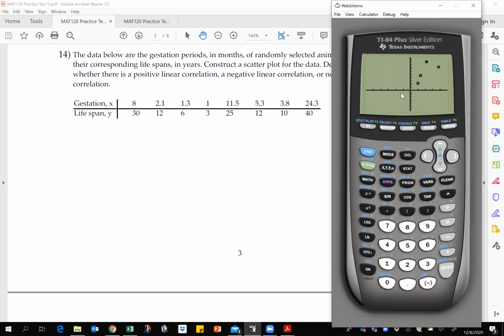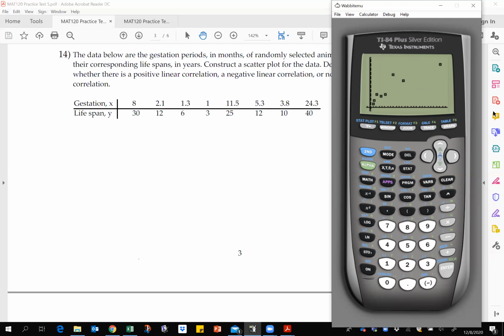As you can see, when you first hit graph, only a few of the data points show up. Because we've entered new data, we need to do a new zoom. So we're going to go back to zoom and go down till you find zoom stat. It should be option 9 on both calculators. Hit enter, and now it shows the window in a much nicer format.